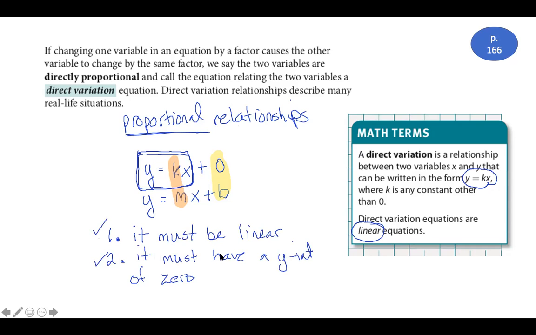So these are types of lines, but they're special types of lines because if we double, or if we multiply the input by some factor, the output is going to change by the same factor. If it's directly proportional or proportional, we can just divide y by x to get the slope. You can't do that if there's a y-intercept.